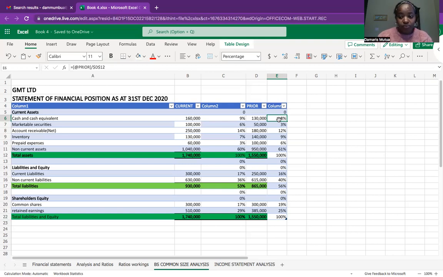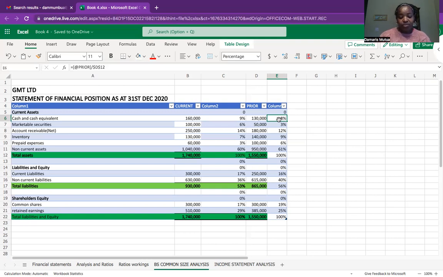And I hope you got this clearly. I hope you got me. And together, next time you are analyzing your balance sheet, your statement of financial position, your income statement, you're better placed now to know how to go about it.